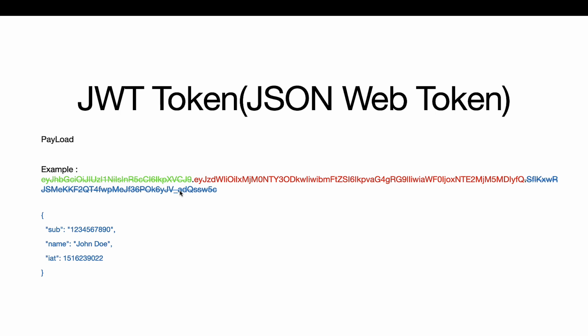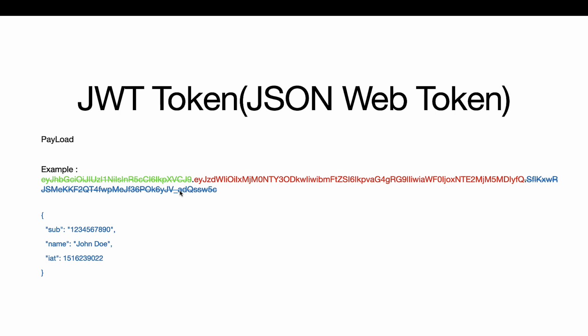All these are standard parameters of the payload, and we can modify them. This is a registered claim. Apart from that, you can add your own information. While generating the token, you can add any key, and that will also be a part of the payload. So the payload is a combination of the registered claims and the public or private claims.